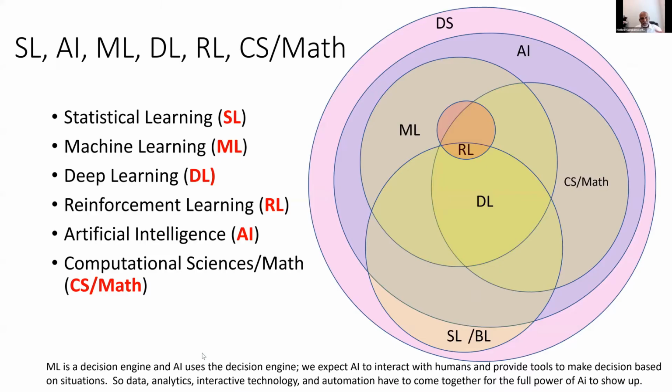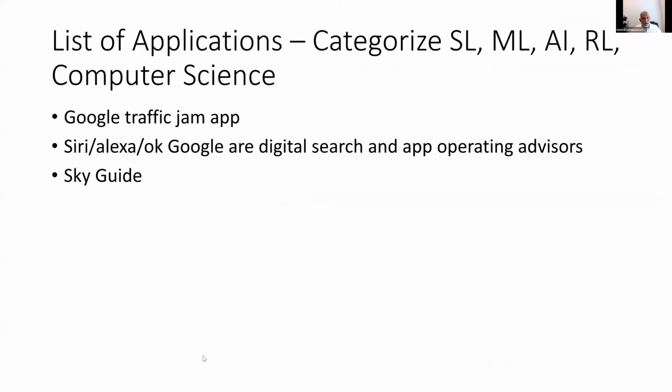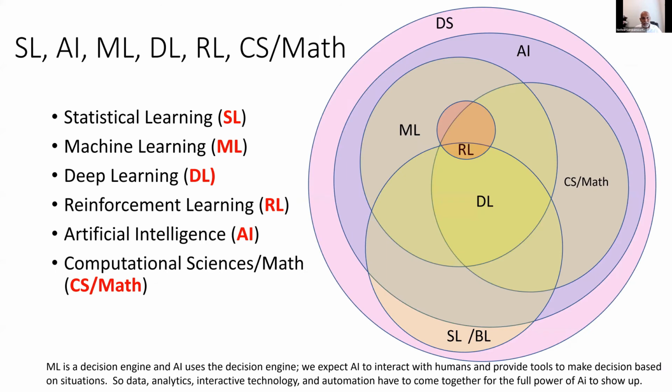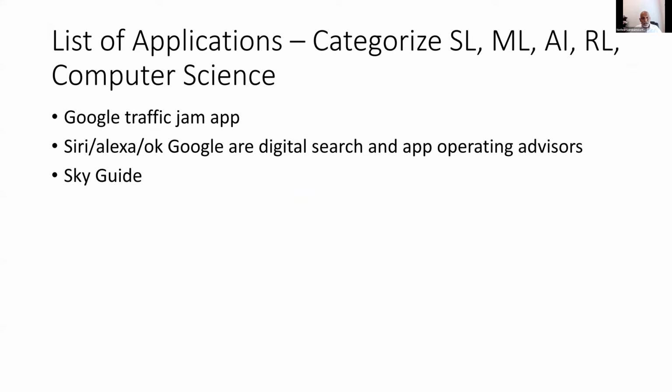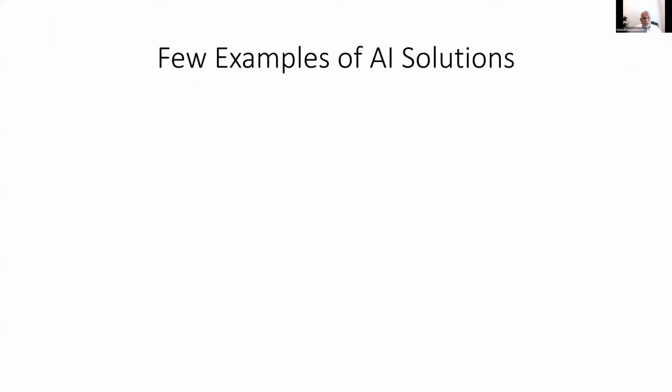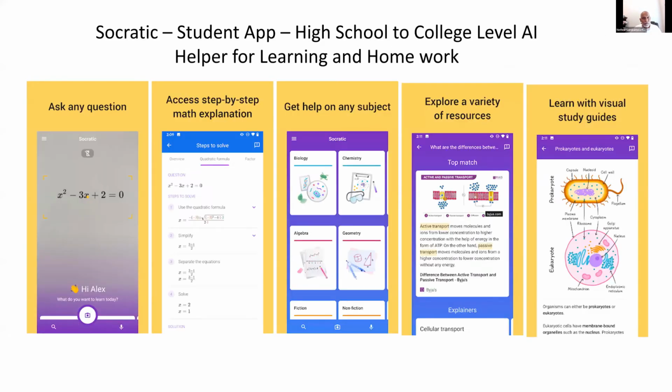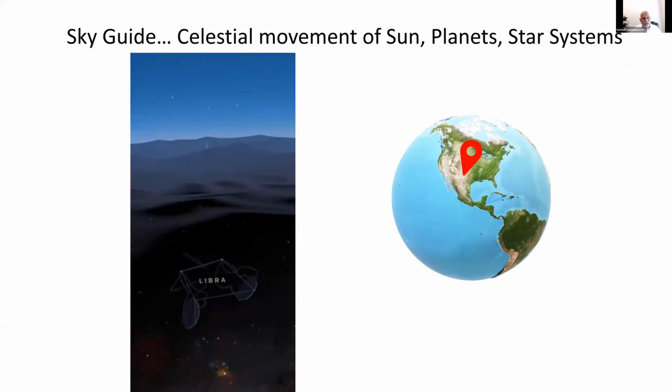We talked about the differences between all these things: SL, ML, DL, deep learning, reinforcement learning. I gave you some very interesting examples. These are just a few things, but there are a lot of things that are already there in the world right now, and it should be exciting for you. So I kind of walked you through all these things.